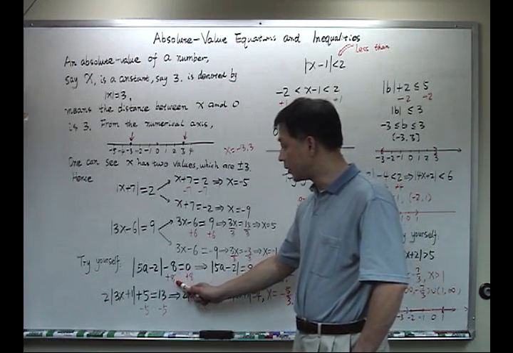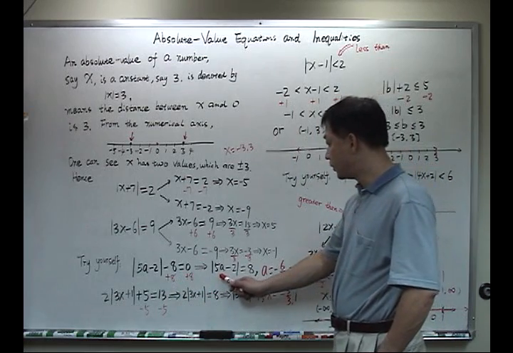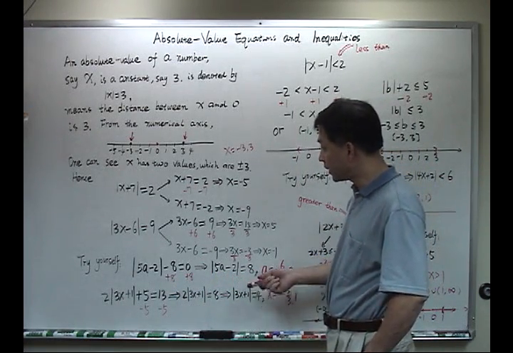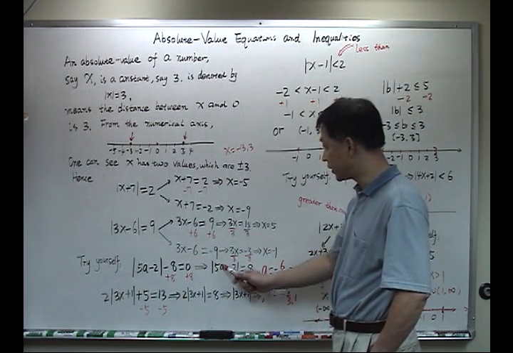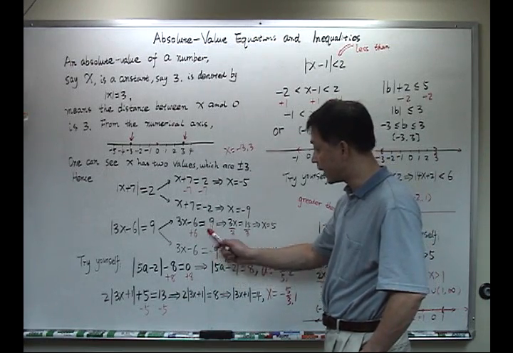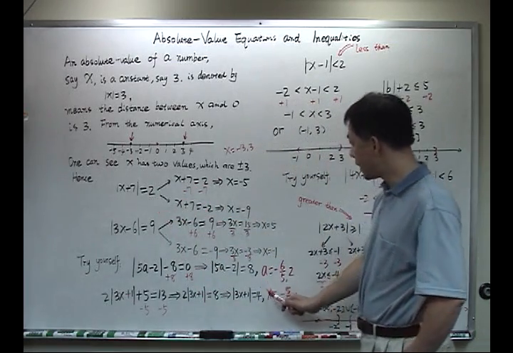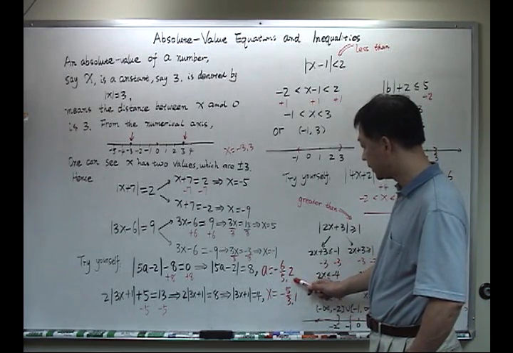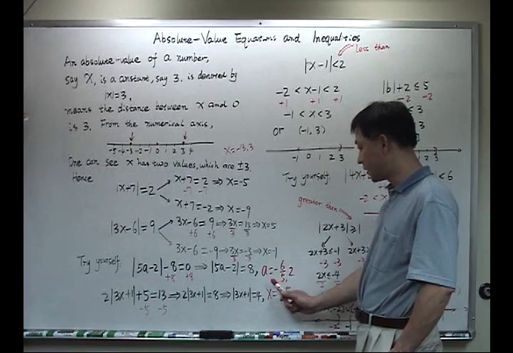Then 5a minus 2 equals positive 8, and 5a minus 2 equals negative 8. It's like the earlier ones, positive and negative 9, positive and negative 2. The final answer is a equals negative 6 over 5. Another value is a equals 2. So there are two solutions for a.